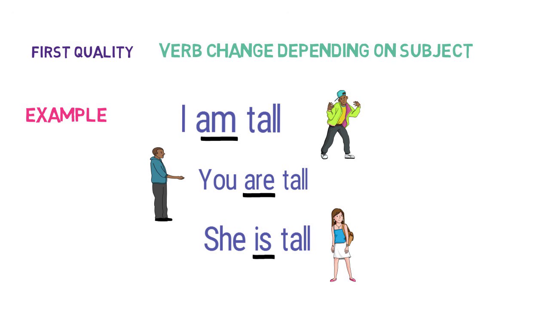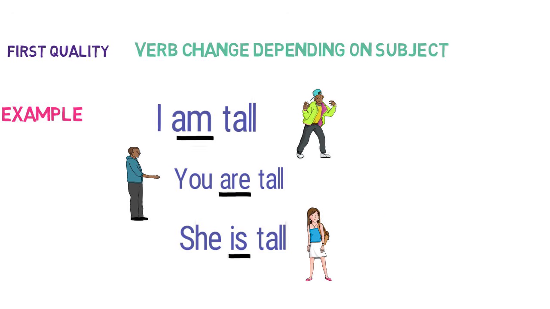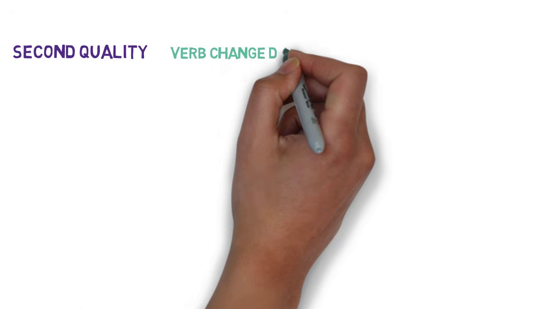So we can conclude that verbs change according to the subject and no other parts of speech have this kind of behavior. The second very important quality that verbs have is that they change depending on the time of speech. Now what do I mean by that?